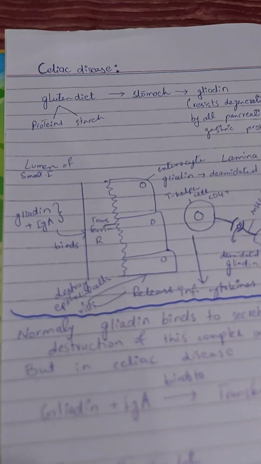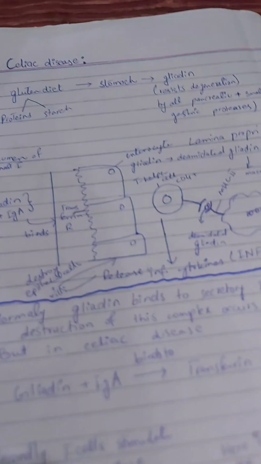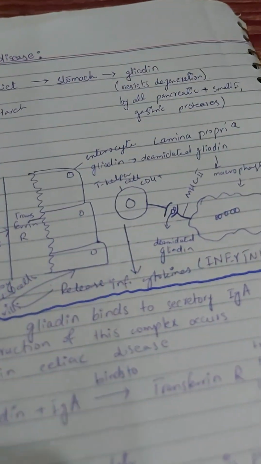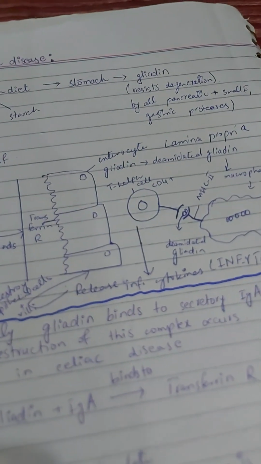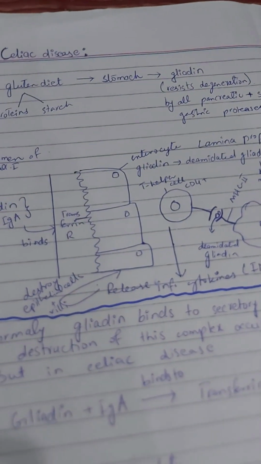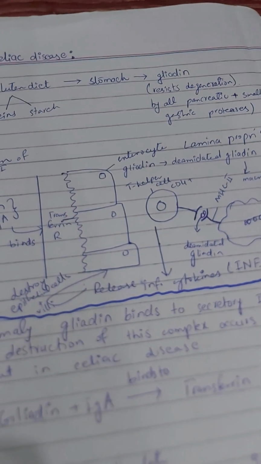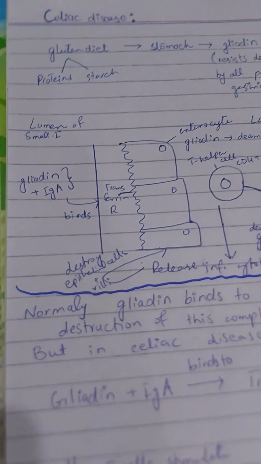Now what happens is that when gluten enters into the stomach, normally as it is a protein, there will be proteases, enzymes: gastric proteases, small intestine proteases, or pancreatic proteases that will digest this protein. Gliadin is not digested by all these proteases, so it enters into the lumen of the small intestine.